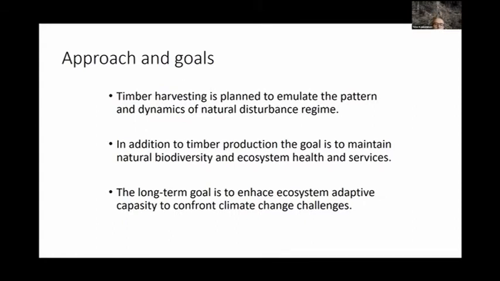And what is important, we are not looking only at a time scale of tens of years or hundreds of years, but we need to look further to maintain ecosystem adaptive capacity to confront climate change and the global change challenges. This is a very important part of this approach.